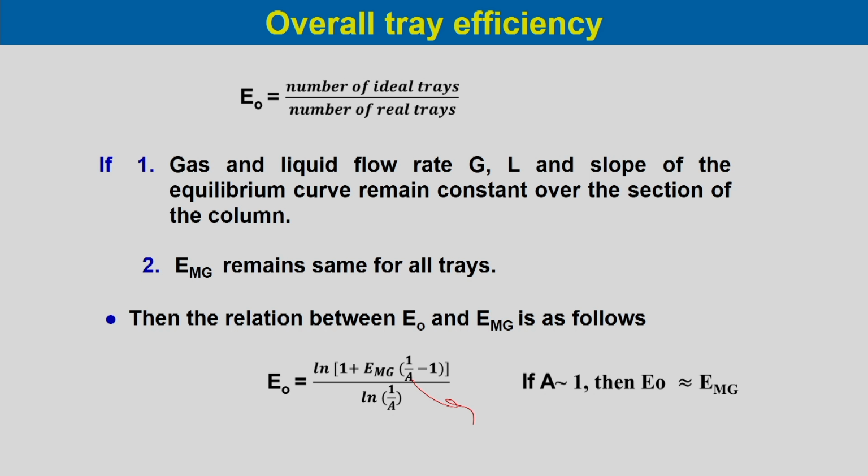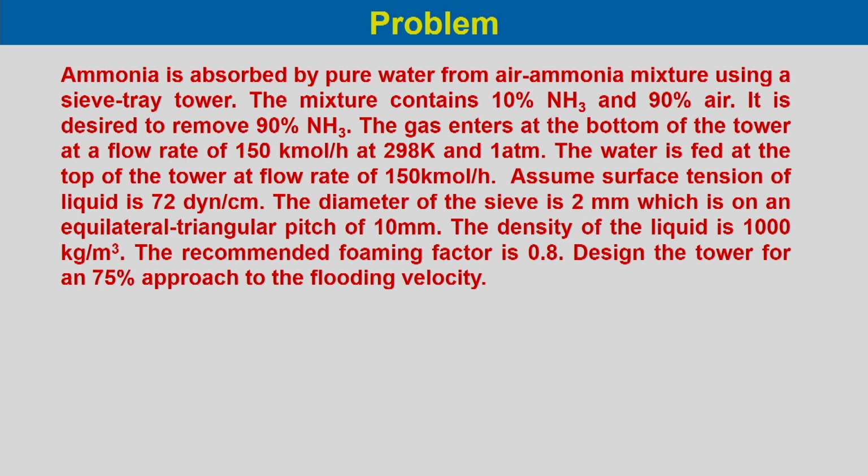So, when the absorption factor tends to 1, the overall tray efficiency would be equal to the Murphree stage efficiency or tray efficiency. Now, let us consider a small problem to look at the design aspects we have discussed for the tray column. Ammonia is absorbed by pure water from an air-ammonia mixture using a sieve tray tower. The mixture contains 10% ammonia and 90% air.